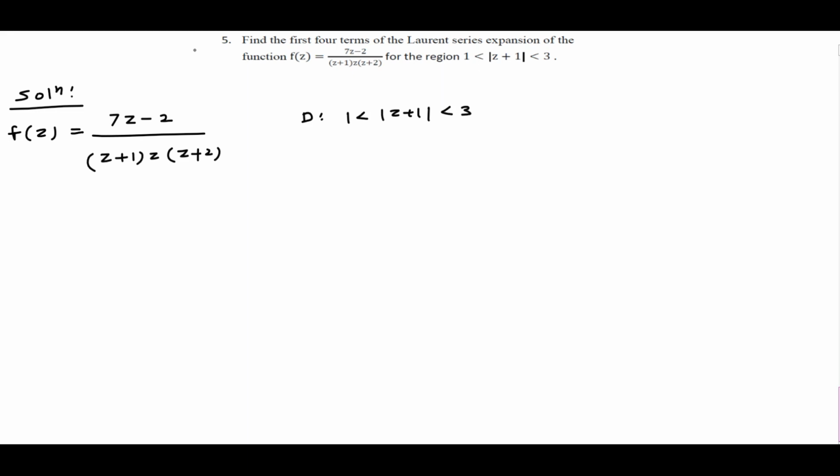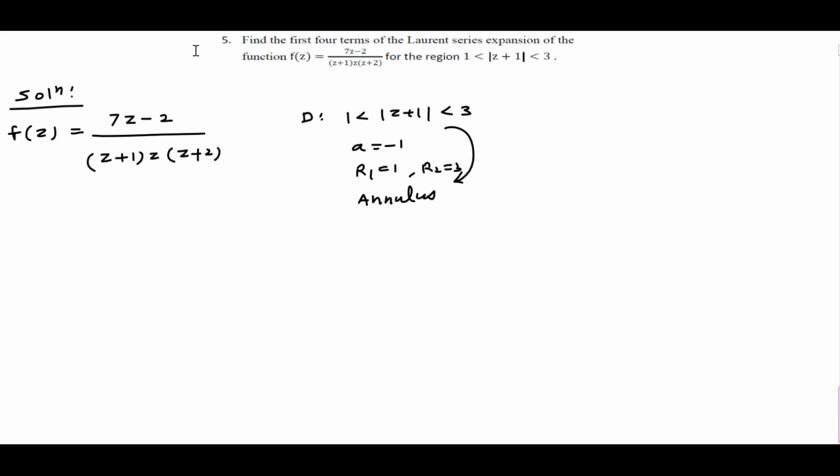So here the center a is -1, and the radii are r1 = 1 and r2 = 3. So we can say this region is an annulus.